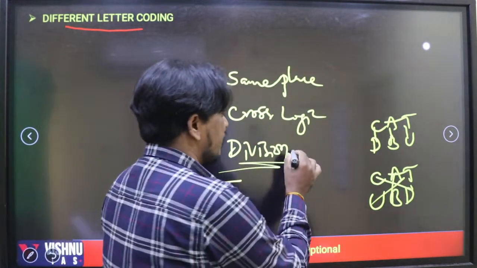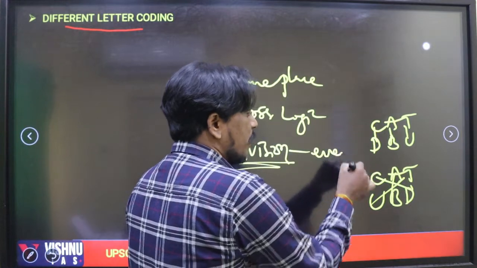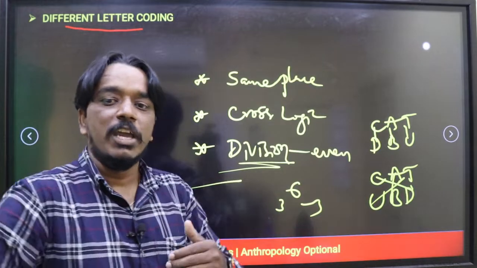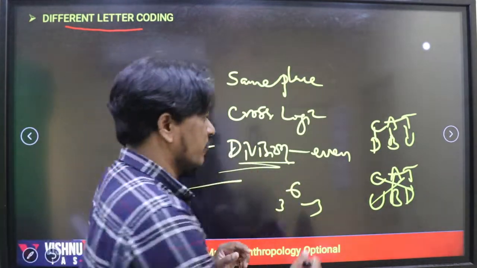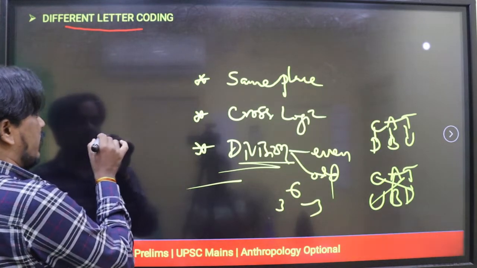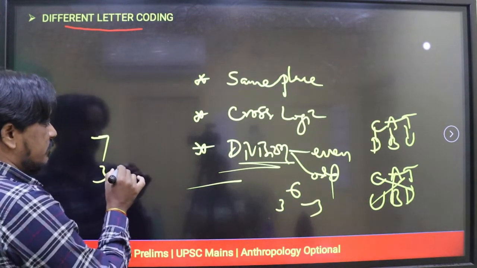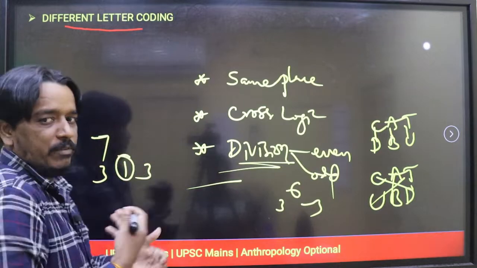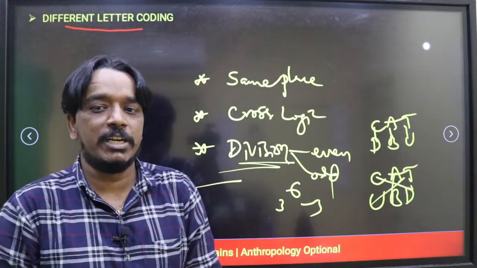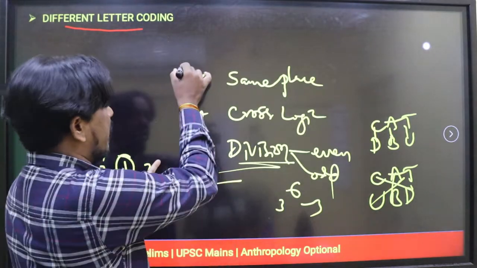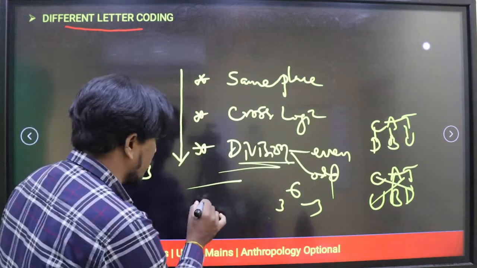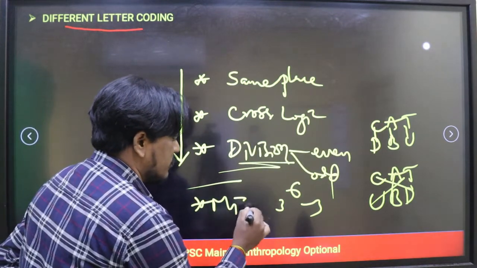For example, if the number of letters is even, say 6 letters, they will divide into 3 and 3. If the number of letters is odd, for example 7, first they will divide 3, and we get a middle letter 1, and 3 again. These are the three basic ideas in different letter coding questions. You have to check in this order. If these three do not work out, we have to focus on miscellaneous concepts.